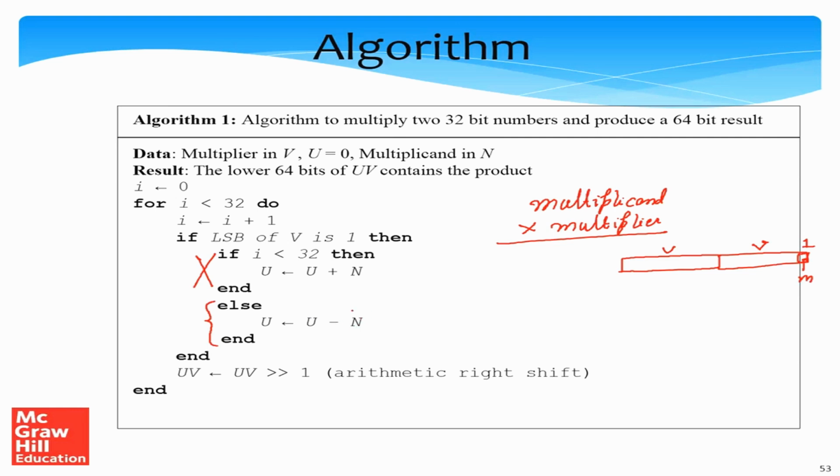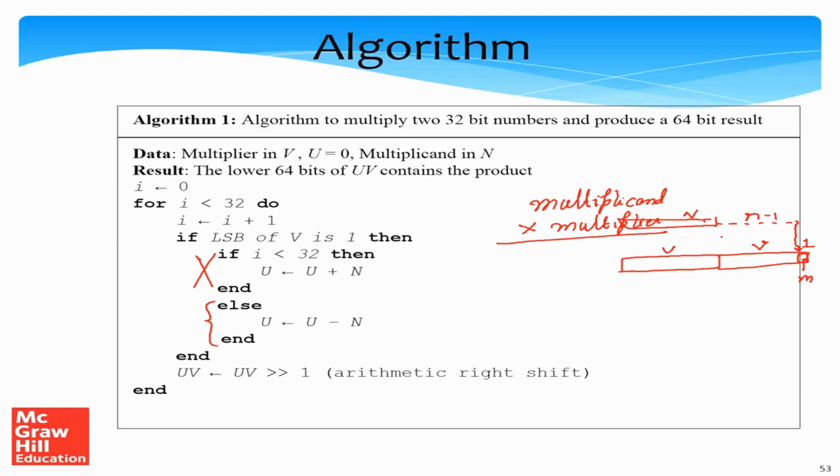So we are subtracting the multiplicand from U, and since in the last iteration we have reached here, you can think of it that our least significant bit's position is over here. So from here, if I look at the multiplicand, it appears that the multiplicand is left shifted by n minus 1 places, right?